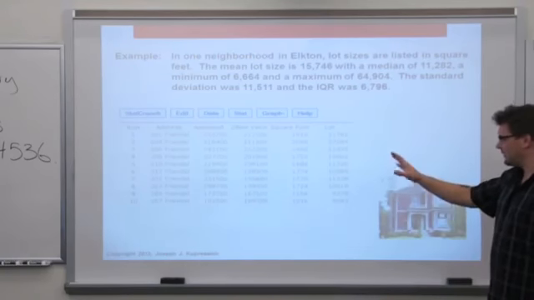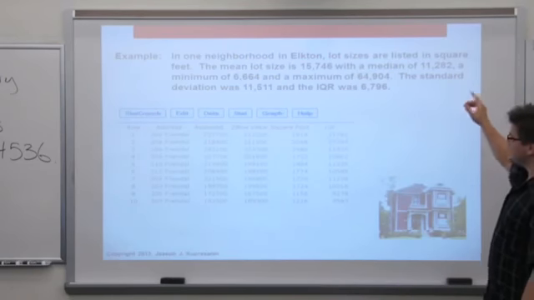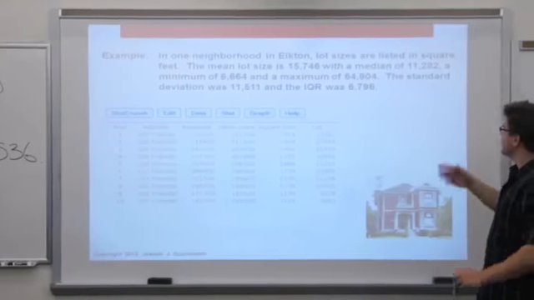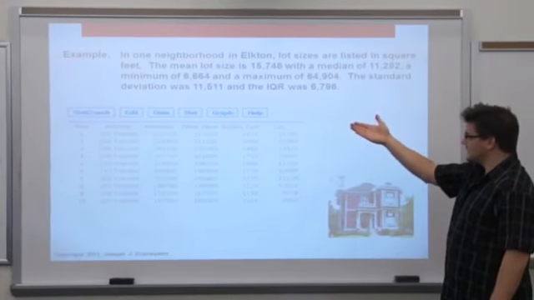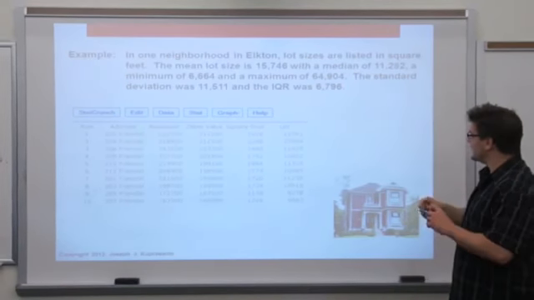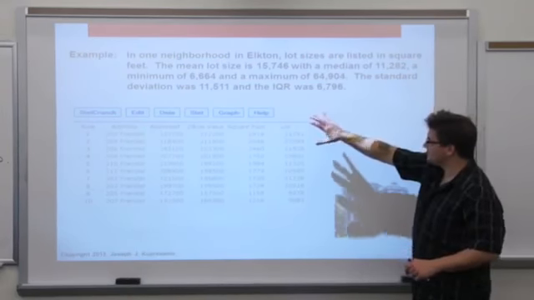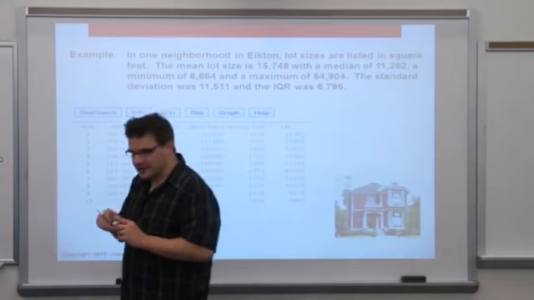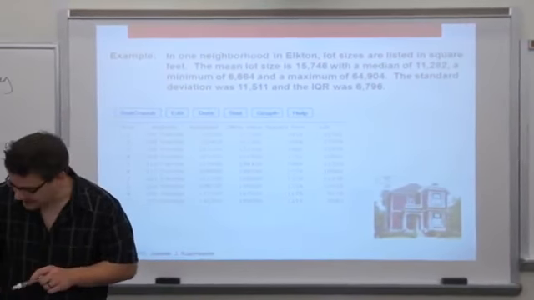There were, I think, about 40 houses in this data set. Lot sizes in square feet. The mean is 15,746. Median's 11,282. We've got a minimum of 66,64 and a maximum of 64,904. A couple measures of spread given here. Standard deviation was 11,511 and IQR was 6796.